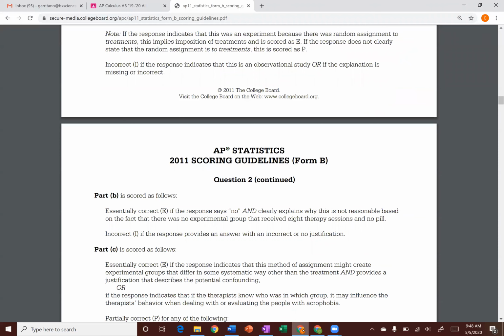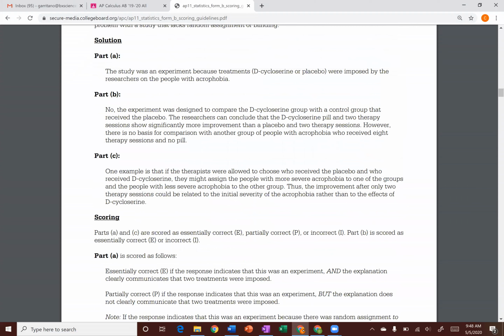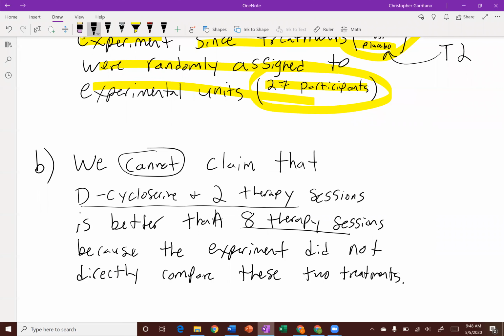So in one sentence, I've accomplished what they want for an essentially correct answer. Whereas if you go up here, they wrote multiple sentences and seemingly a lot more than what I wrote. But that's okay. Like I said, just get direct to the point, try to include context, which I did here, and justify your answer, and you'll be good to go. Okay, and you can do all of that within sort of a brief, short sentence or 2.